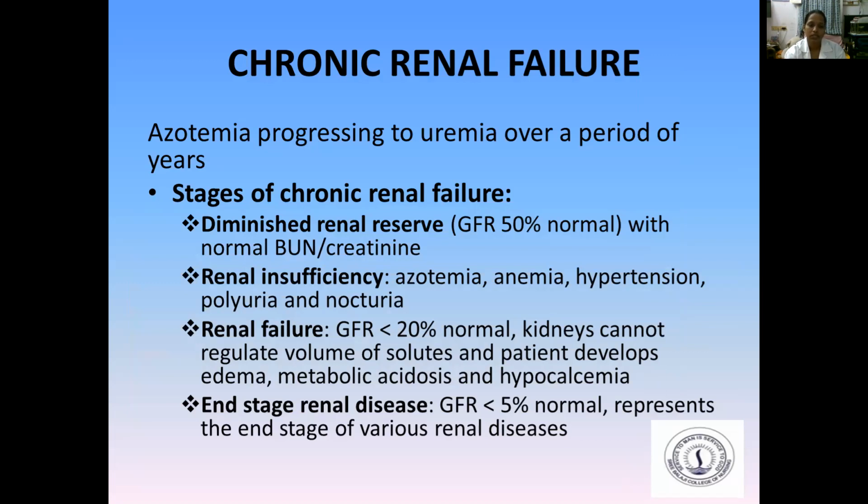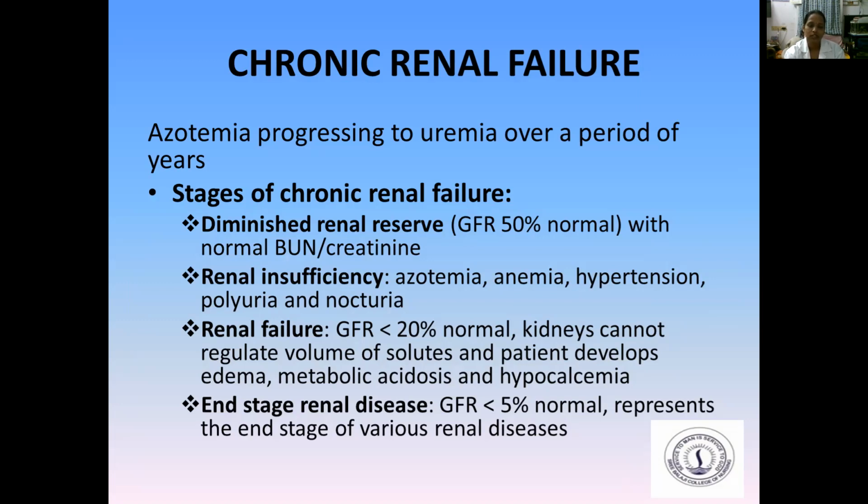That is known as diminished renal reserve. The second one is renal insufficiency. The patient will have azotemia, anemia, hypertension, polyuria, and nocturia. That is, the patient has started the symptoms of azotemia, anemia, hypertension, polyuria, and nocturia. That stage is known as renal insufficiency.